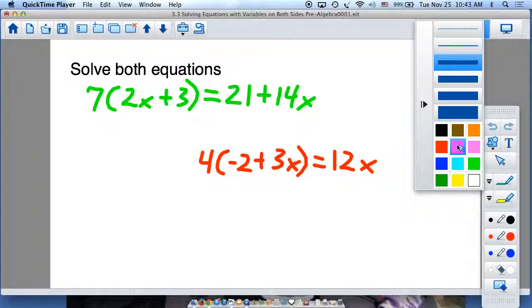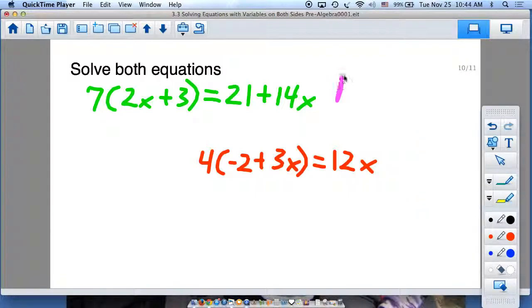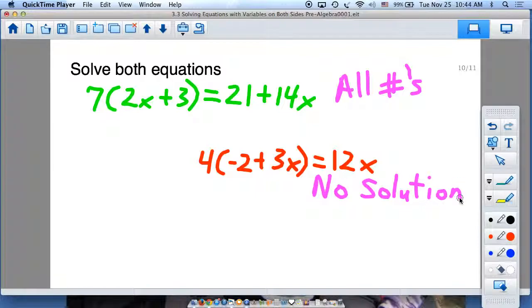If you did these correctly, the one in green should have an answer of all numbers. And the one in red should have an answer of no solution. So hopefully that helps you understand problems like that.